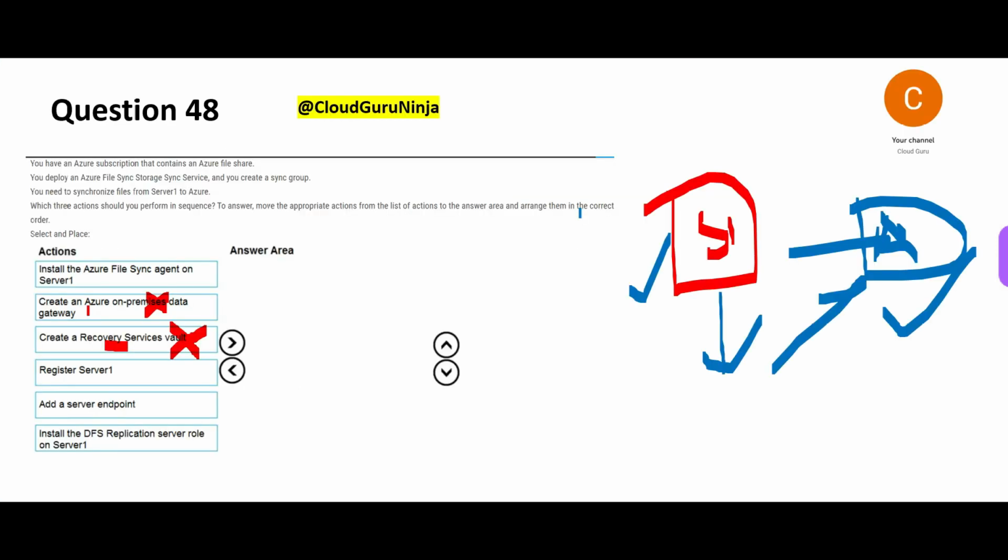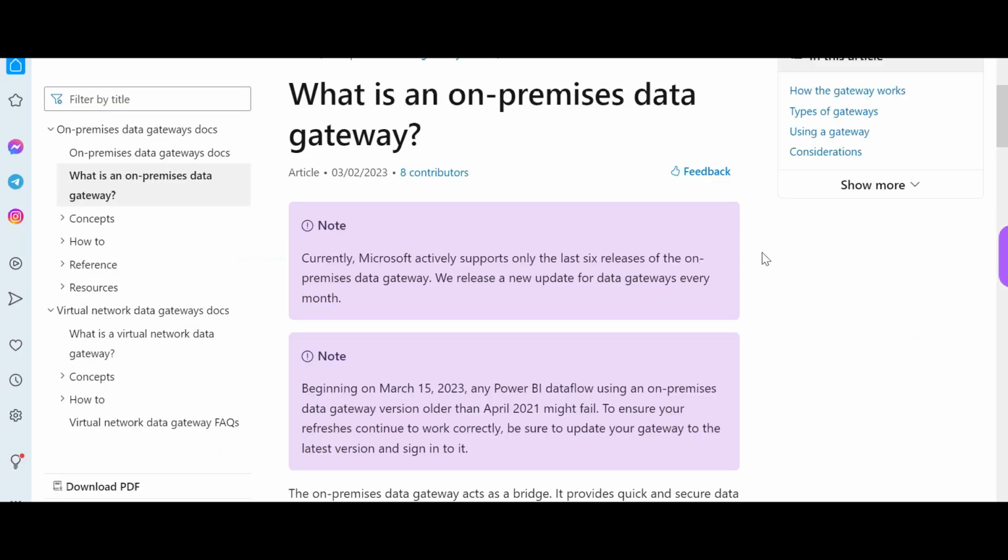Here we are not talking about just migrating, we are talking about syncing so that both the environments, please note the difference, this is just sync. That means both on-premises and Azure will continue to exist. We use gateway when you are sure that you want to do away with the on-premises and you want to migrate your data to cloud. A lot of time we use it that way from a storage perspective only.